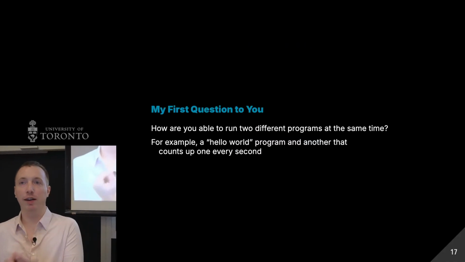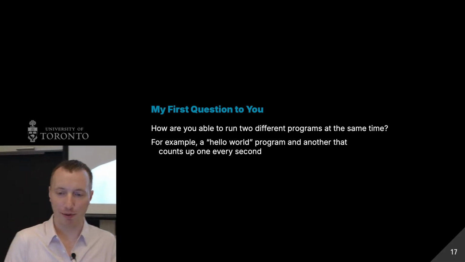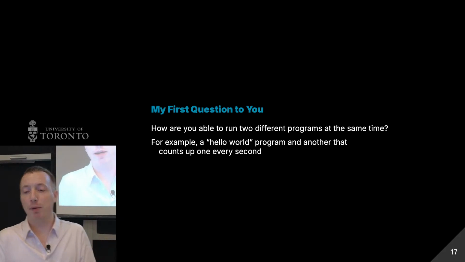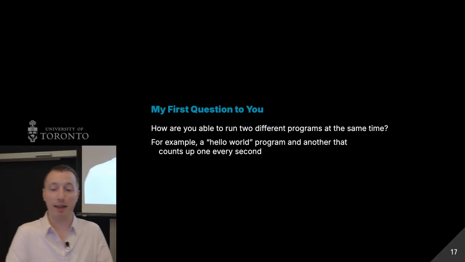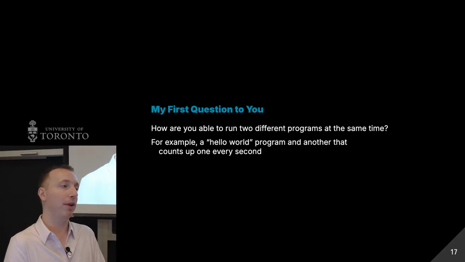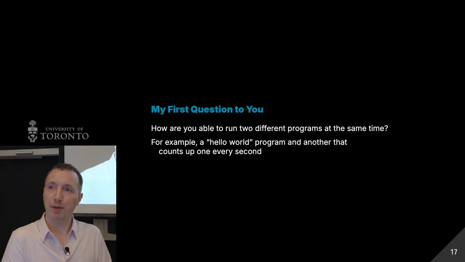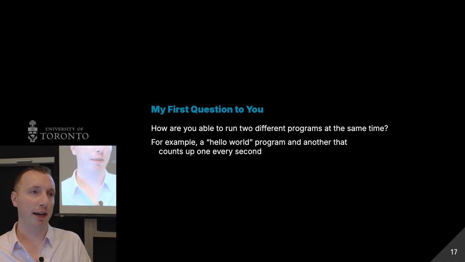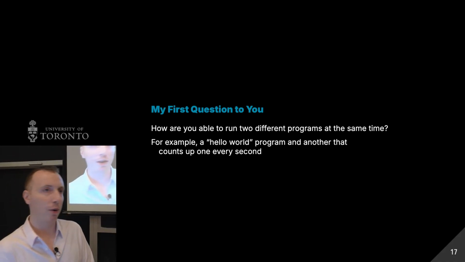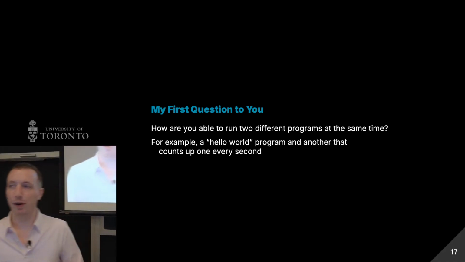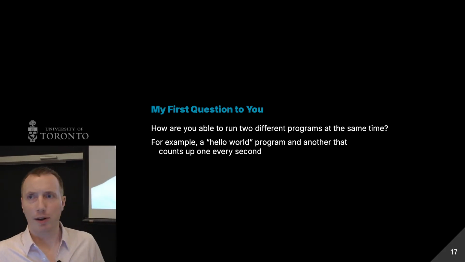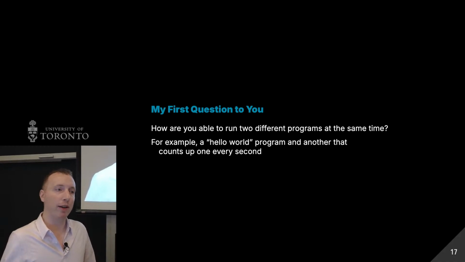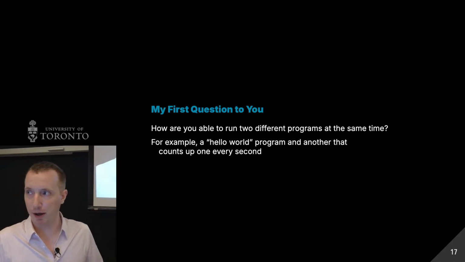So let's have our first question, where things will start going off. How are we able to run two different programs at the same time? For example, you're a 105 student, you write hello world, and you have another program that counts up every 1 second, or you're also running Chrome. How does memory work with running those two processes at the same time?